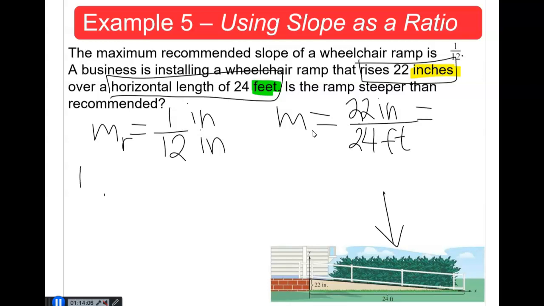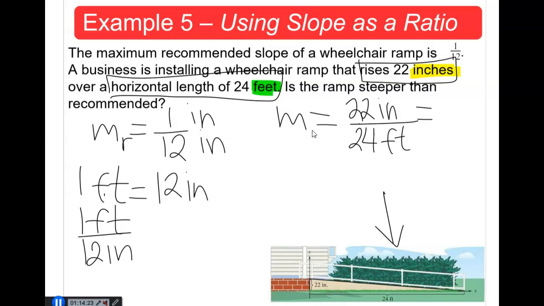So because 1 foot is equivalent to 12 inches, we could say that 1 foot over 12 inches is equal to 1. And so that is what we call a unit factor. And I'm going to use that unit factor to convert the 24 feet to inches.